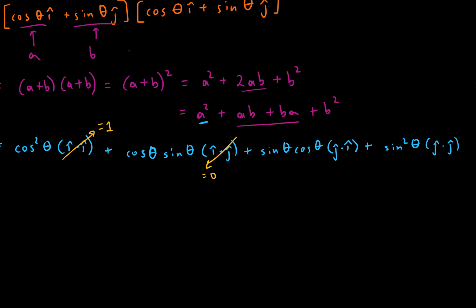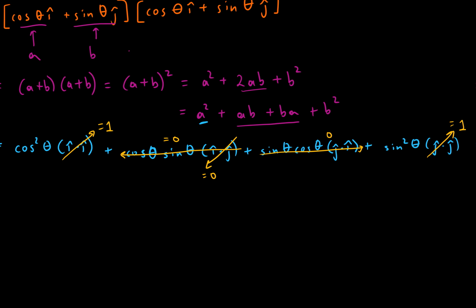So this whole entire term is 0. Likewise, j dot i is also 0. And hence j dot j, because they're the same, is equal to 1.